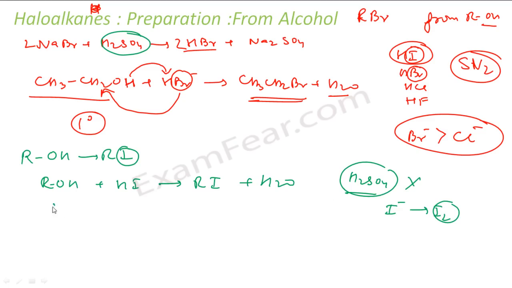Please note, phosphoric acid is used instead of H2SO4, because sulfuric acid is a very strong acid and will oxidize I minus to I2, and I minus is very reactive, so it can be oxidized very easily. Similar reaction, it can be SN1 or SN2 depending on whether it's a primary, secondary or tertiary alcohol we are using, but it will be a substitution reaction for sure.